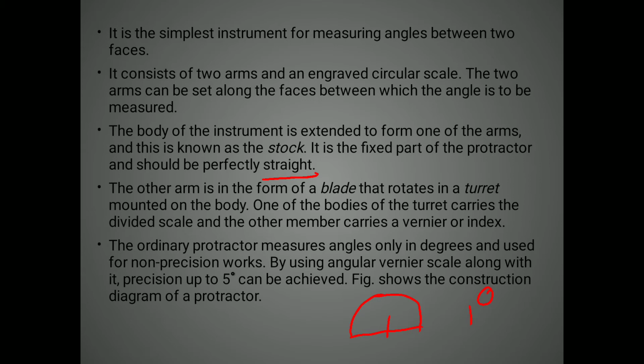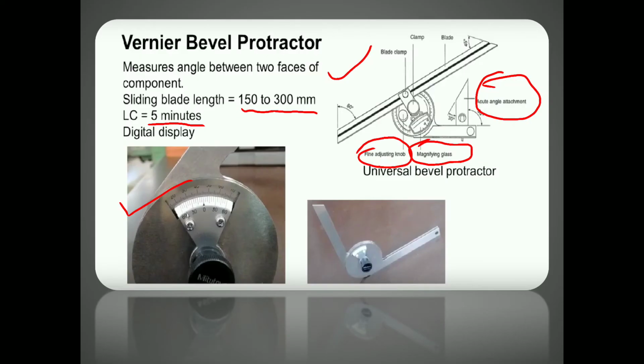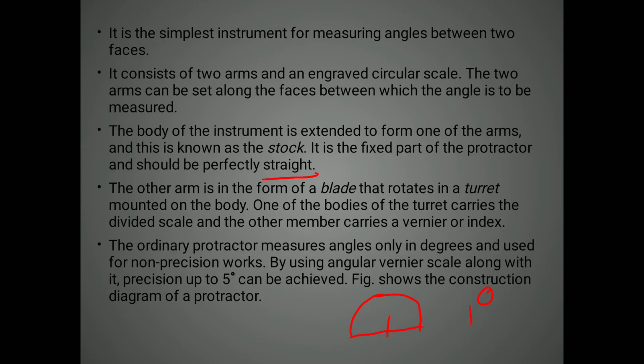But using the angular vernier scale along with precision, you can directly measure up to 5 minutes, as we have seen over here. The least count of a vernier bevel protractor is 5 minutes. We are going to calculate the least count of the vernier bevel protractor.